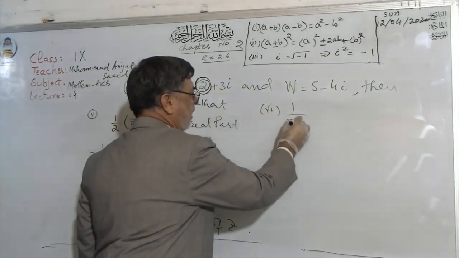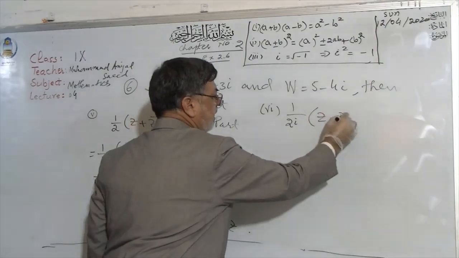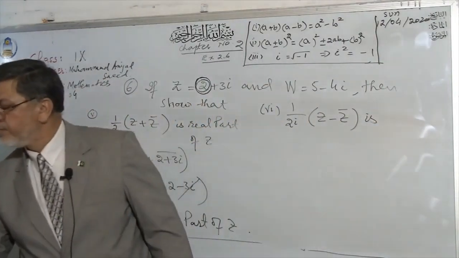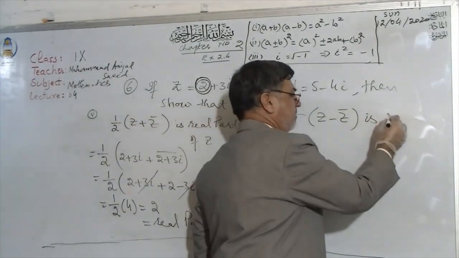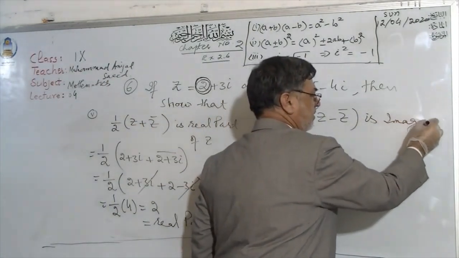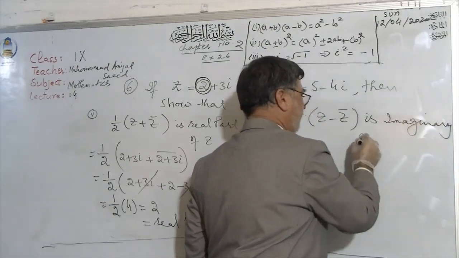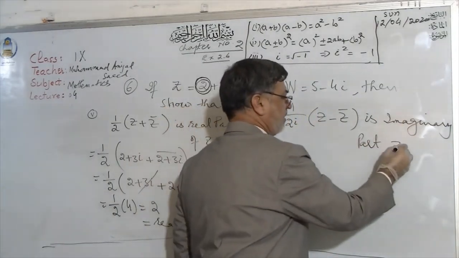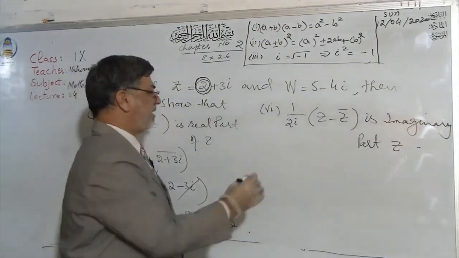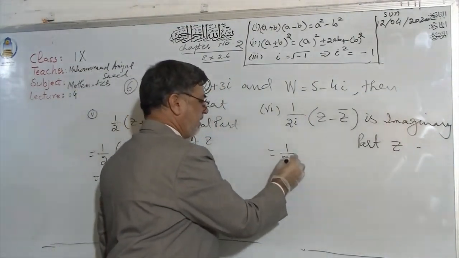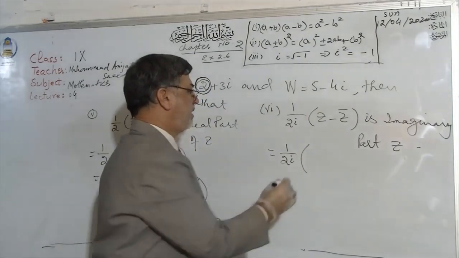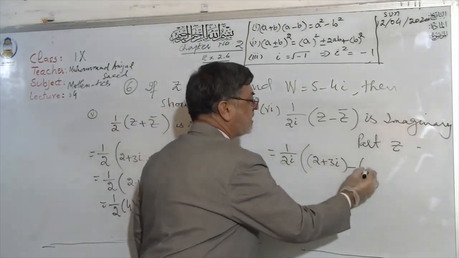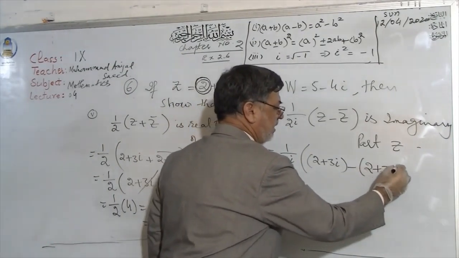Number 6: 1 over 2 iota into z minus z bar is the imaginary part of z. We have to prove that. What is z? 2 plus 3 iota minus the conjugate of 2 plus 3 iota.